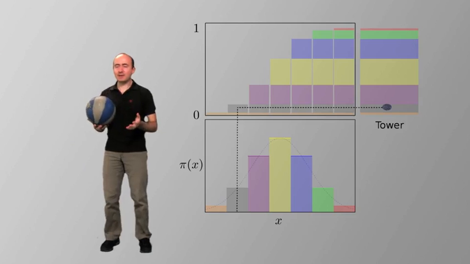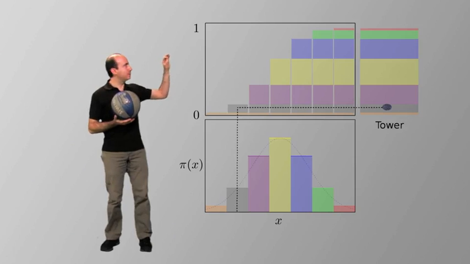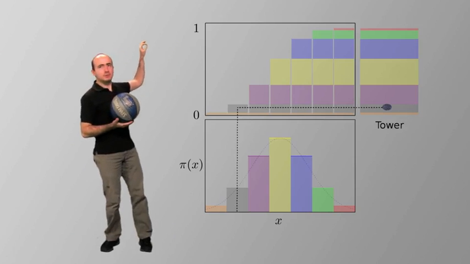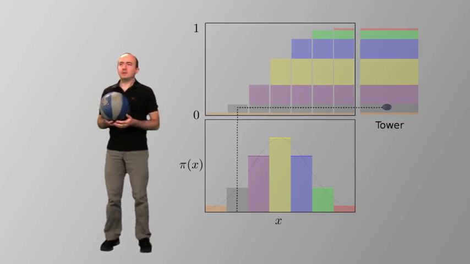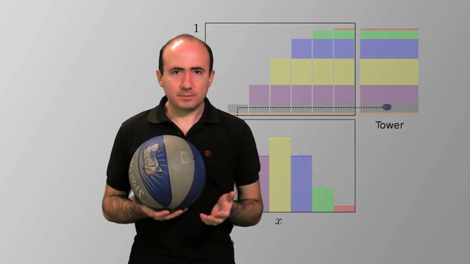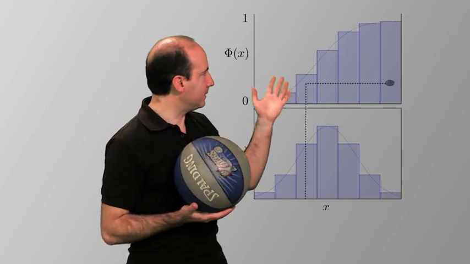But this is exactly what we want. Using this scheme, one can trace from the position of the pebble to the box and to the position x that we want to sample according to the discrete distribution pi of x. This is what is displayed here.